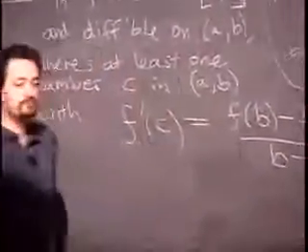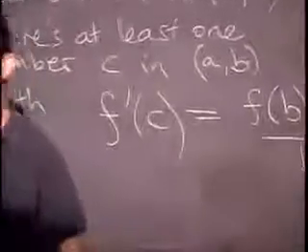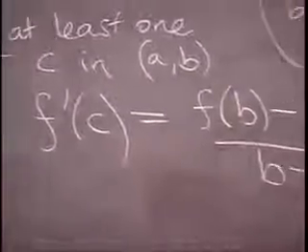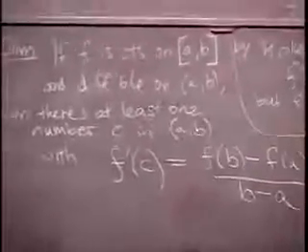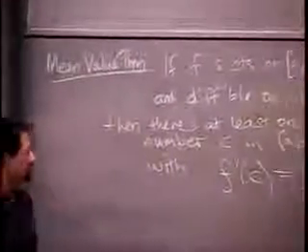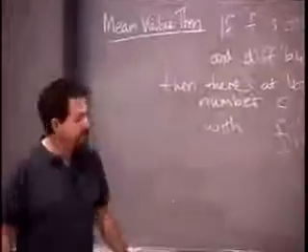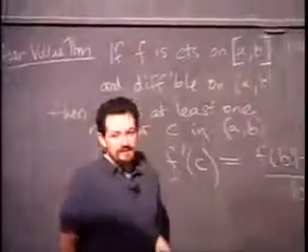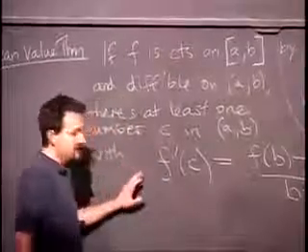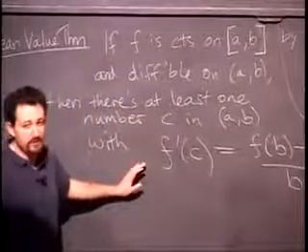So moving back over here, the only other difference is instead of f prime of C equals 0, we now have f prime of C equals this mess, f of B minus f of A over B minus A. Before you panic too much about the formula, let me just say that this theorem is basically Rolle's theorem on steroids.